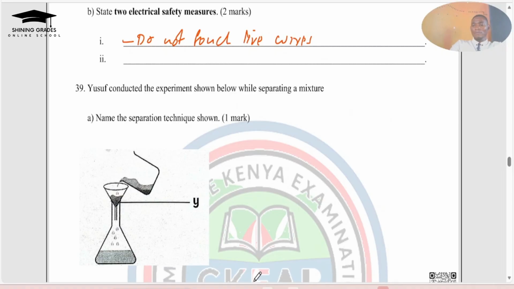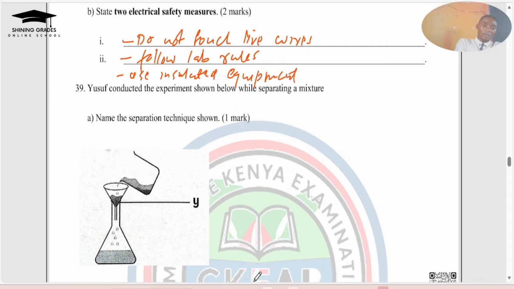Another safety measure is follow laboratory rules. You can also use insulated equipment while operating live electrical wires.